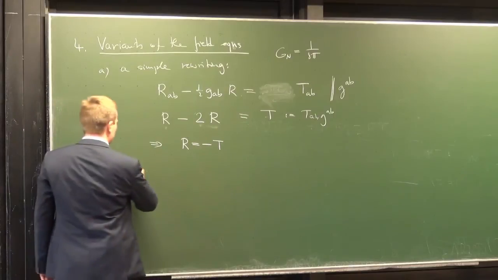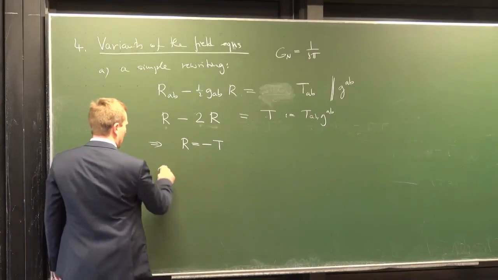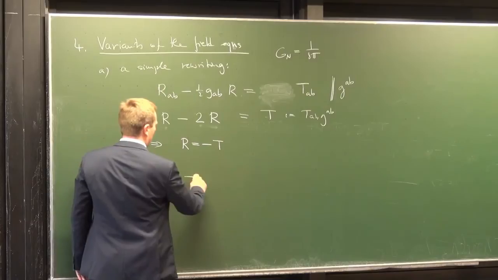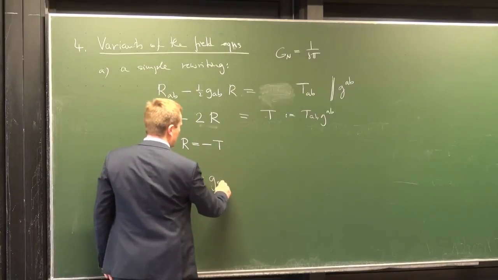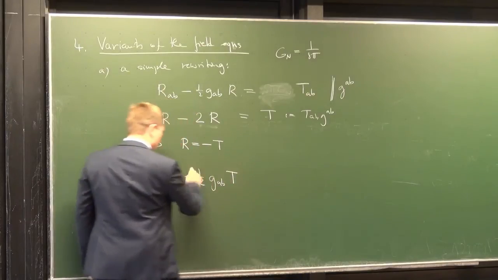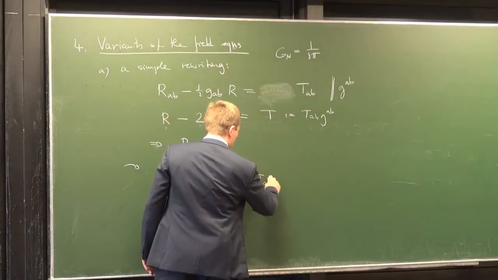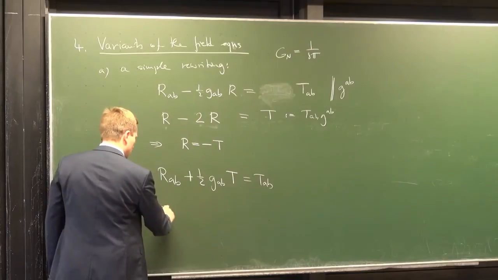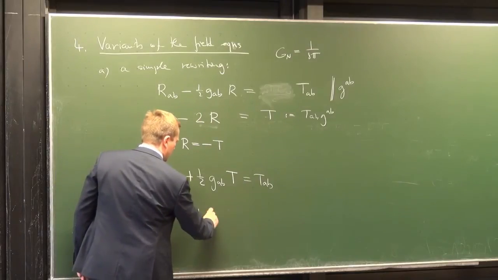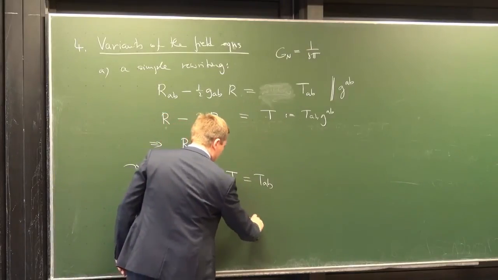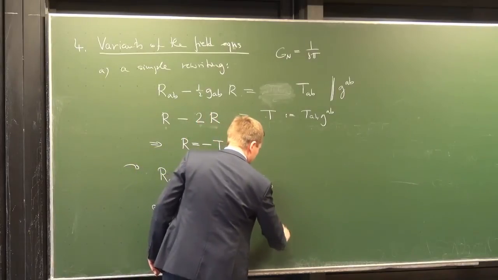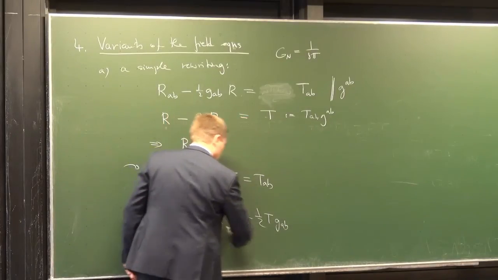So I go with this into the original field equations. I have R_ab minus 1/2 g_ab T with a plus, equals T_ab. Or R_ab equals T_ab minus 1/2 its trace g_ab.